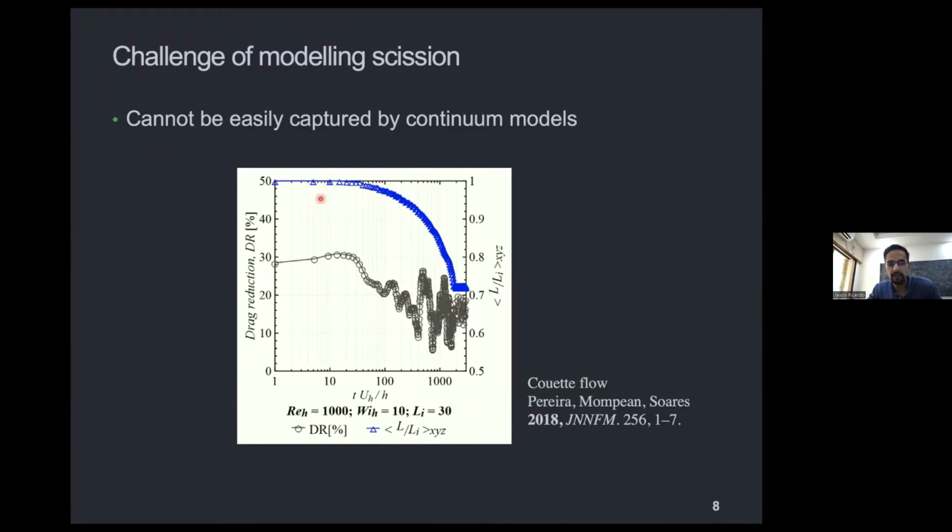And what they're able to get from there is, this blue curve is the degradation of the length. You can see how it goes down, and consequently, they do get a loss of drag reduction, but quickly there are these kinds of non-physical numerical instabilities. So this is one problem with the model, and the other is, of course, that this is a purely ad hoc sort of way of introducing it, and there are other issues when you look at details.